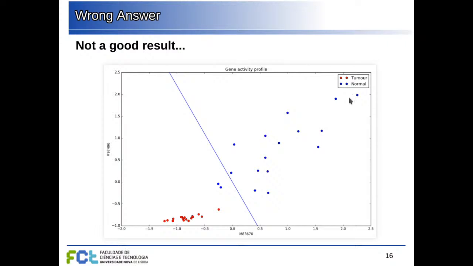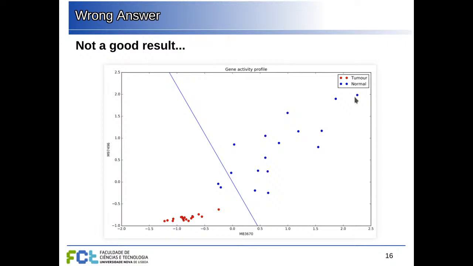So this is something that is good when we're doing a regression, because we want the points to pull the line to be as close as possible to the data. But it's not something that we want when we are doing classification, because in classification what really matters is to split the two classes in the right place, and we don't particularly care if we have some points that are very far away from the discriminant, as long as they are on the correct side of the discriminant.